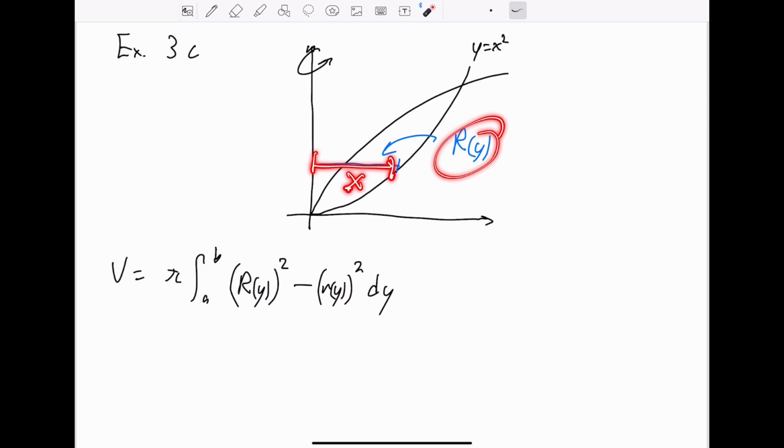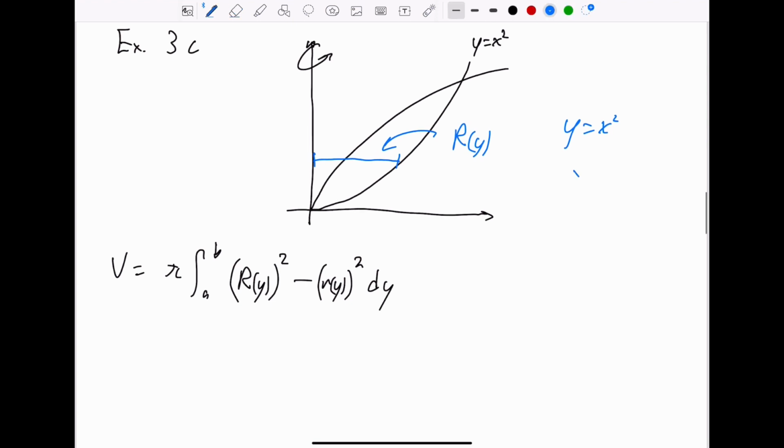But I need to express this x distance in terms of y. I can do that by solving y equals x squared for x. So I take my function y equals x squared, take the square root of both sides. Ordinarily, I would use plus and minus, but I'm only using positive y values. So I have x equals the square root of y. That is the x distance.